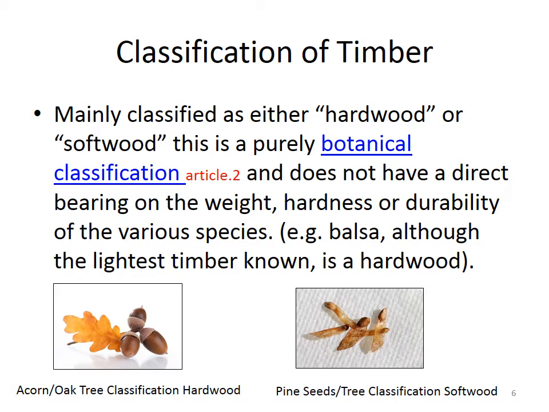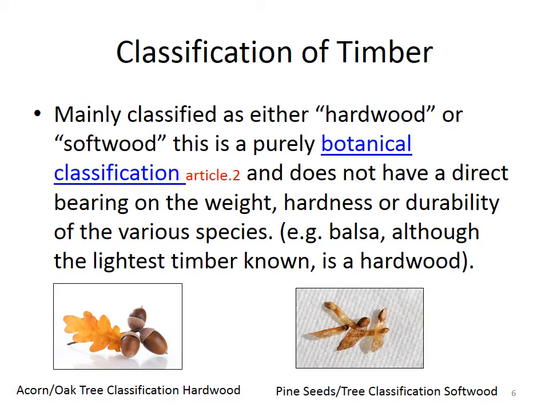Classification of timber. Timber is mainly classified as either hardwood or softwood. However, this is a purely botanical classification and has nothing to do with the actual strength of the timber. If you want to read more about the details of the botanical classification of timber in relation to hardwood and softwood, you can have a look at Article 2, which is listed at the end of the lesson.